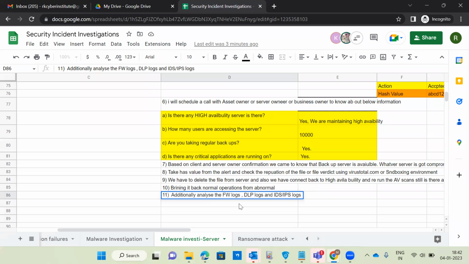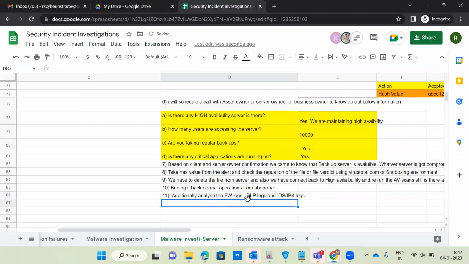So once these investigations are completed, additionally I will analyze the firewall logs, DLP logs, and IDS/IPS logs. Has any lateral movement happened, or have any other servers also got compromised? What data breach has happened? What level of data was copied by the hacker or intruder?